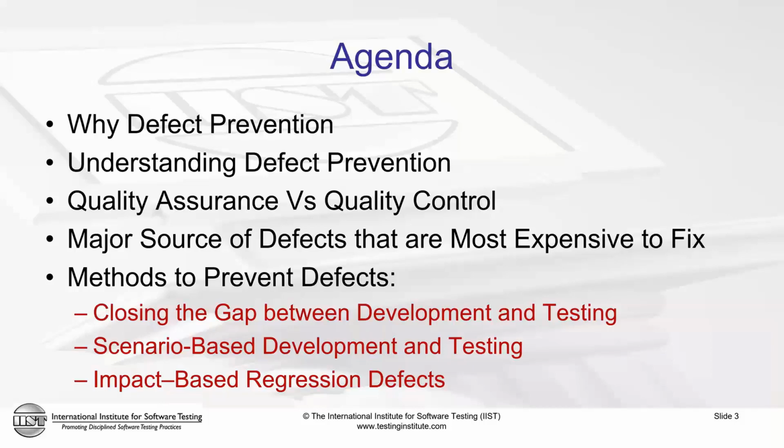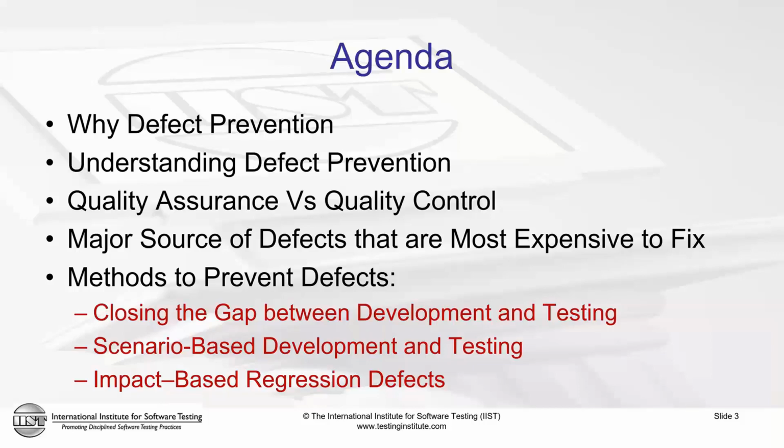And we'll see where they come from, and then right away we're going to move on to three methods at least that I know of. I've been teaching people, I've been coaching organizations to use to prevent those defects. And those are closing the gap between development and testing, scenario-based development and testing, and impact analysis.